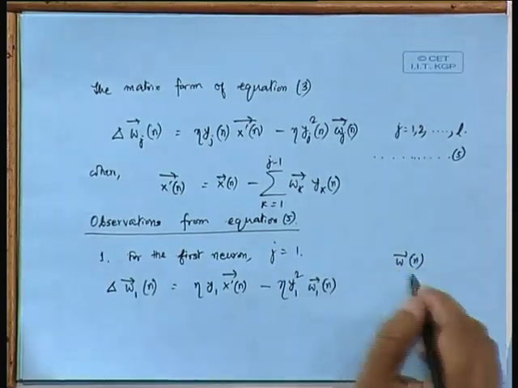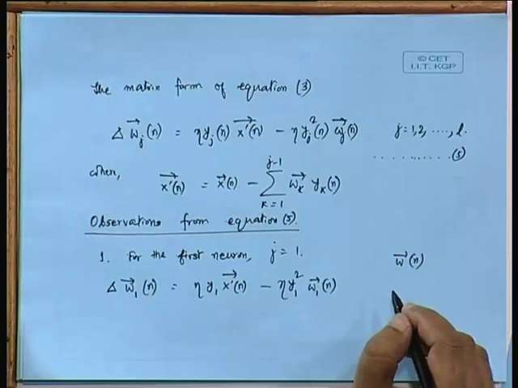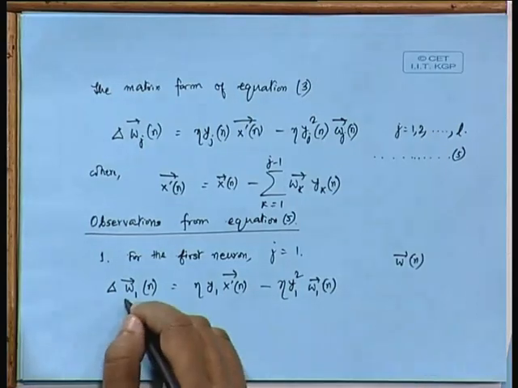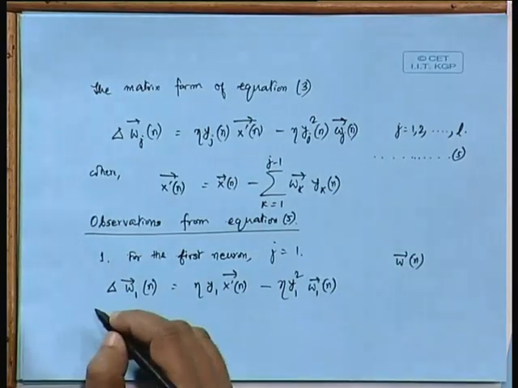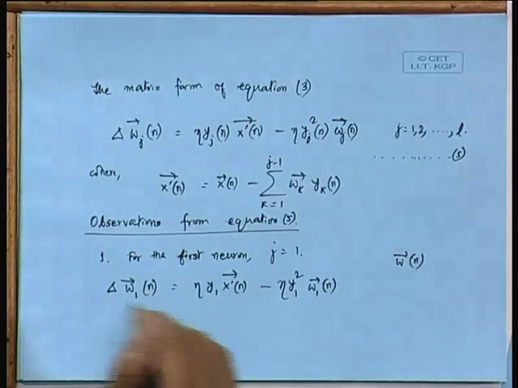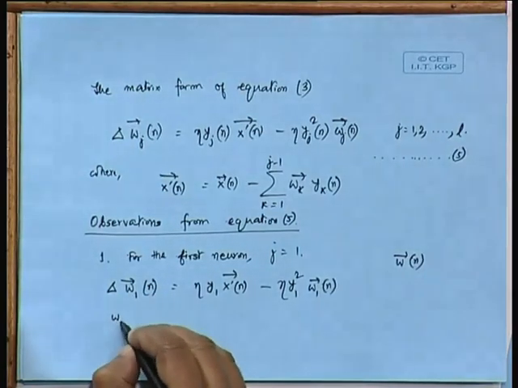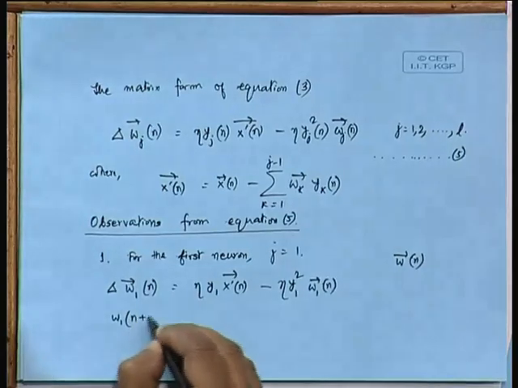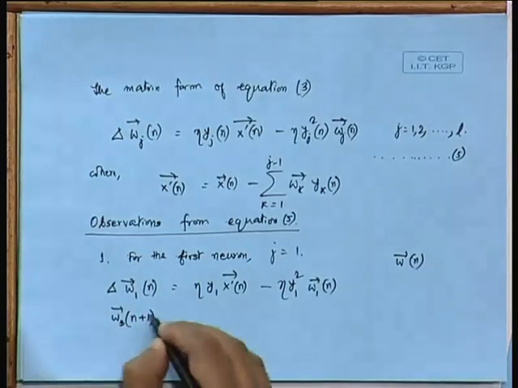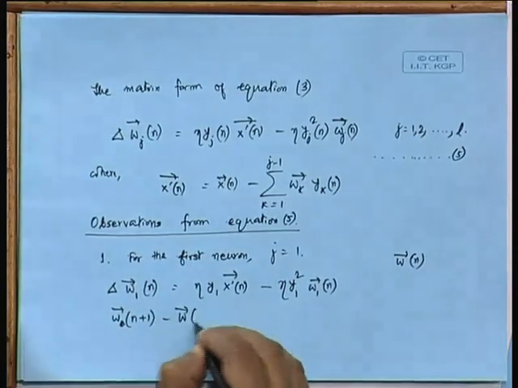So, we interchangeably write w n for w 1 n, and since it is delta w 1 n, this is one and the same as saying that it is w 1 n plus 1 or w n plus 1 minus w n.